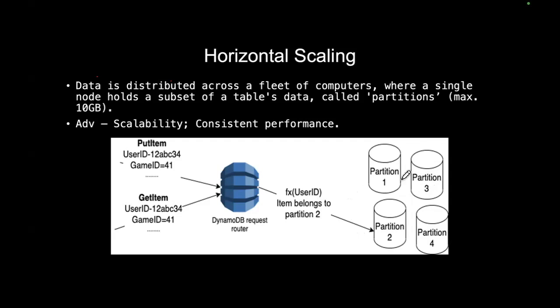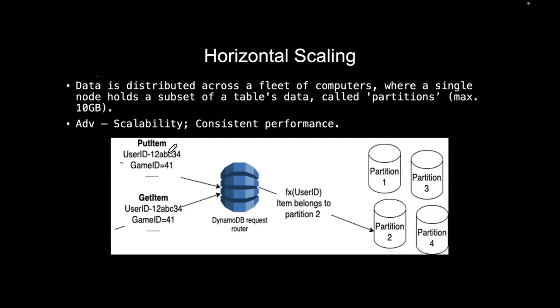Initially, the table would be just one partition, but as we add more and more data, it starts splitting it up into multiple partitions. Really, once it gets close to 10 gigabytes, because I'm saying there in the first bullet point that the maximum size of a partition is 10 gigabytes. And obviously, there are indices in here as well. So let's assume we're at the state where the size of the table justifies 4 partitions.